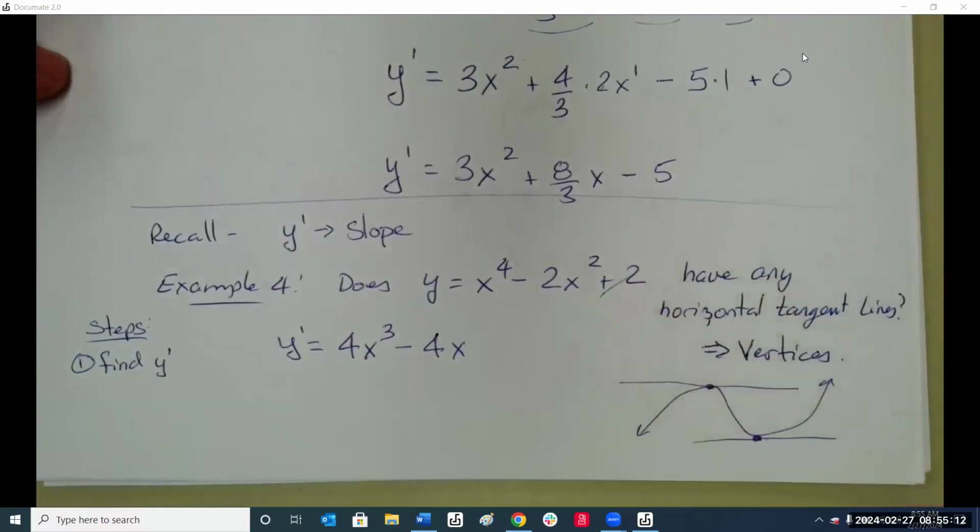And that one disappears. Okay, so we found the derivative. Now what? No, that's what this already is. That's what this does for us already.